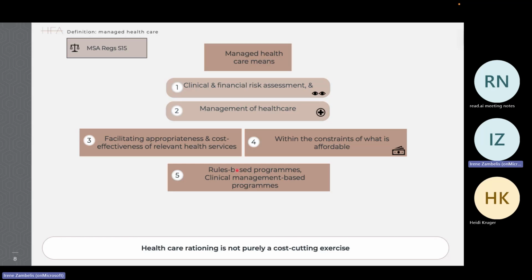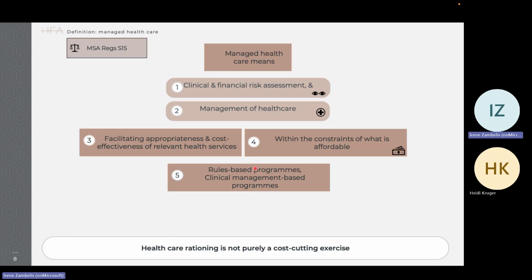Now, just for clarity's sake, Heidi, a rules-based program is something you've put into your scheme rules to cut back on cost. And your clinical management-based programs is something a bit different, because what that is, it matches the individual's health risk with what is the appropriate treatment for them. And let me give you an example.